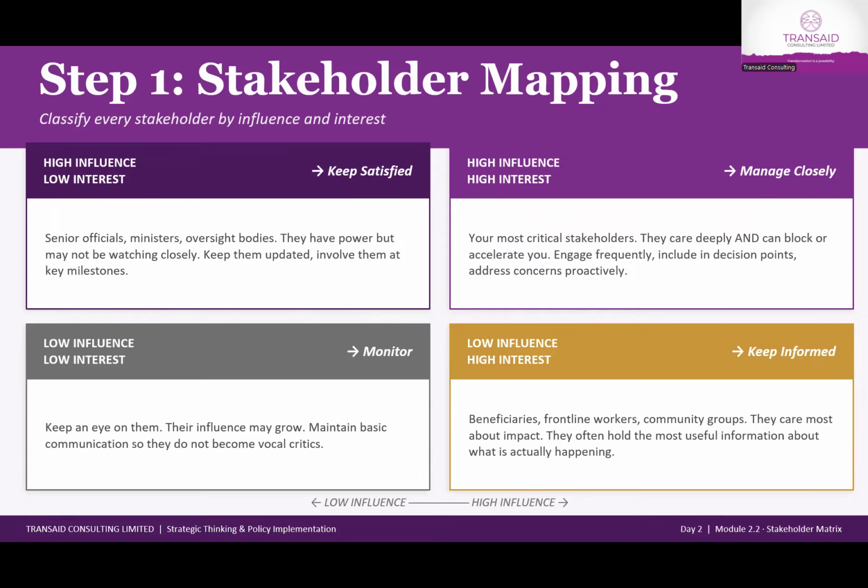So, interest basically measures how the stakeholder is affected by the project or how much they personally care about the project. For example, a community whose water source is being diverted has high interest. Influence, which is essentially power, measures the ability to stop, change, or speed up the project.